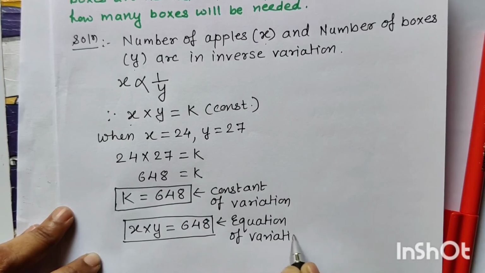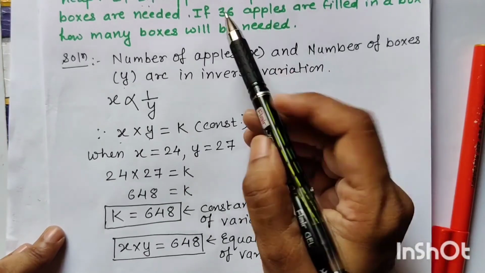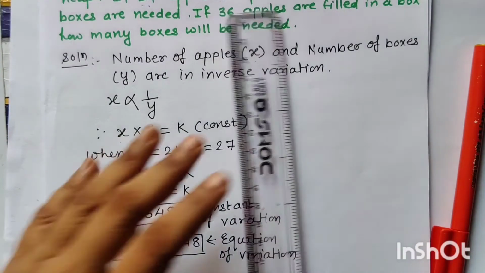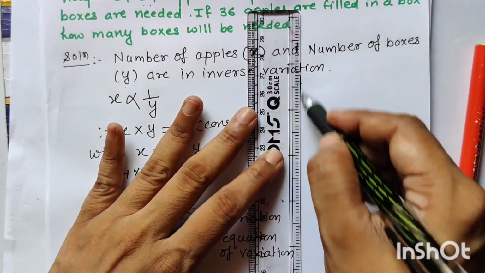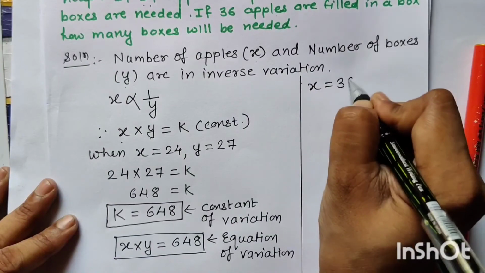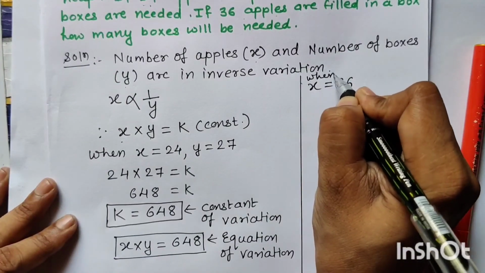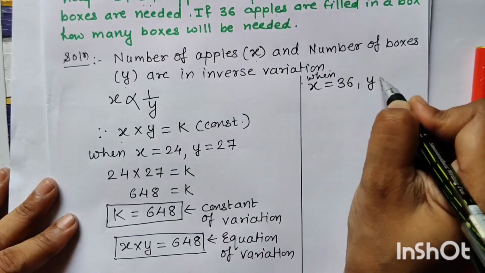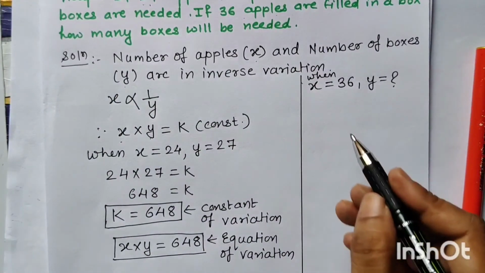Now after getting the equation of variation, read the next sentence. If 36 apples are filled in a box. Okay, we will solve on this side now. 36 apples, that means the number of apples is 36. When x is equal to 36, we have to find how many boxes will be needed. That means we have to find y is equal to how much. So how to solve this?